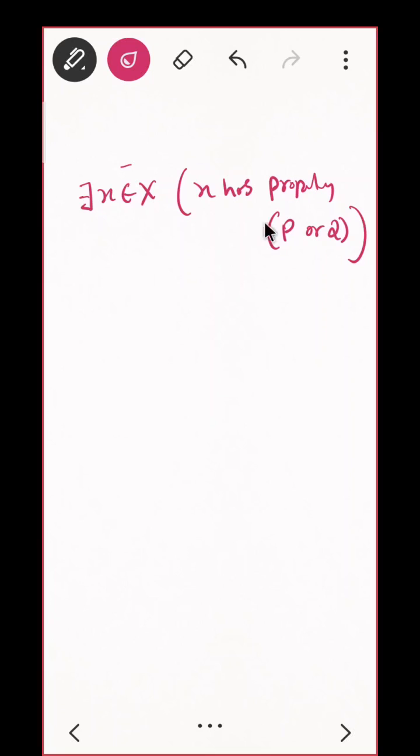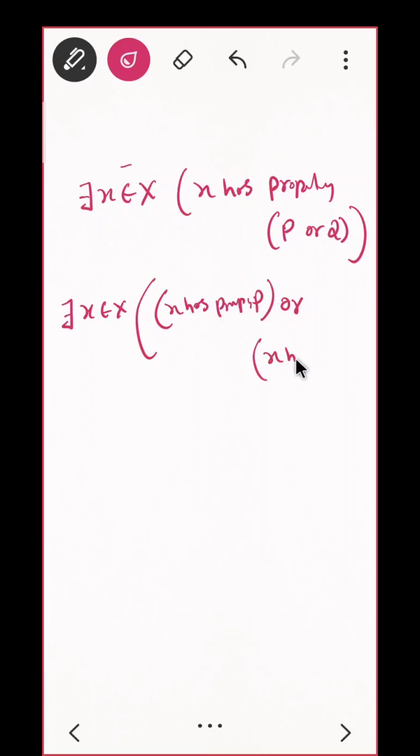Okay. So let us just reframe this statement. Should I reframe it? I'm just writing it like that. There exists x belonging to X such that, in this bracket I will put two brackets, x has property p, and in between, or, x has property Q. Is that okay now? Now I think this will be easy to do.